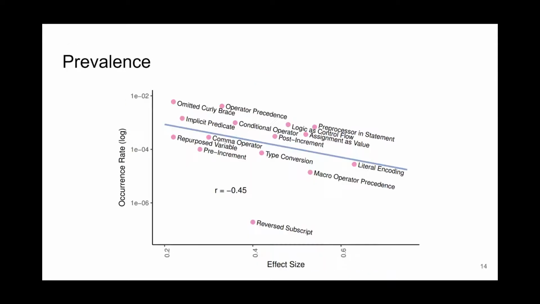And we were also able to go and evaluate large open source projects and do things like correlate how frequently these patterns occur relative to how confusing they are. And we found a strong correlation between frequency of use and confusingness. So very infrequently used pieces of code are often more confusing, and very frequently used pieces of code are often less confusing.